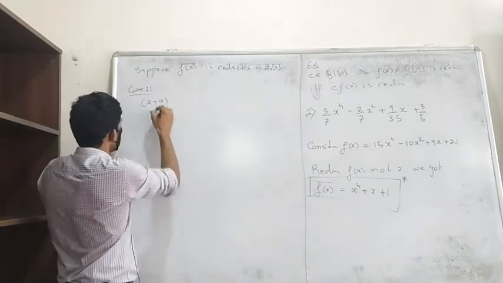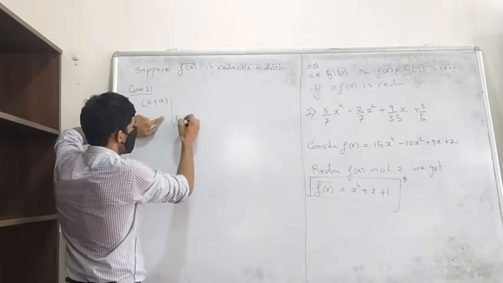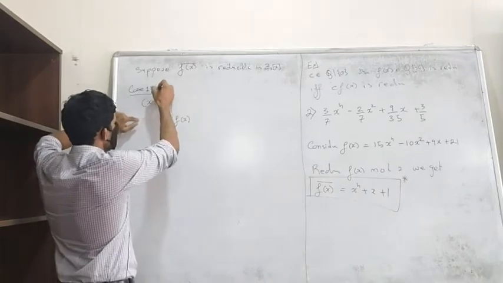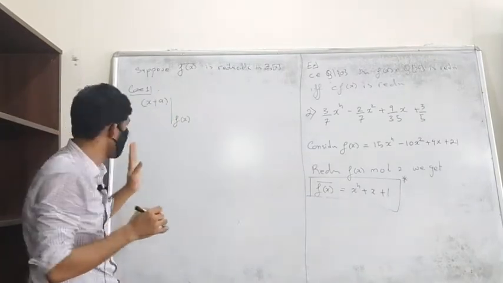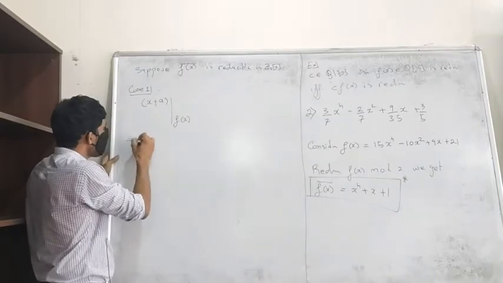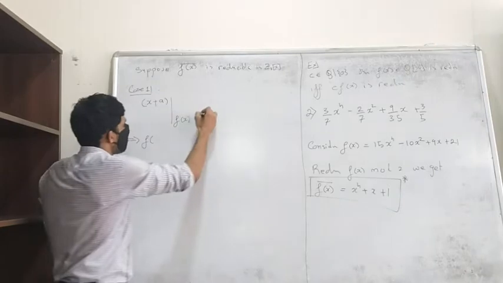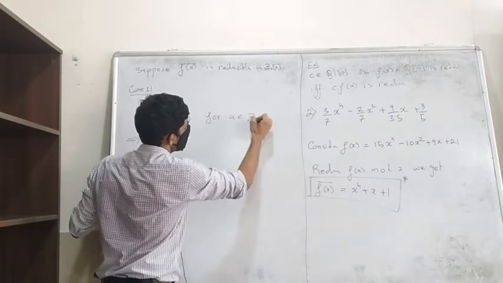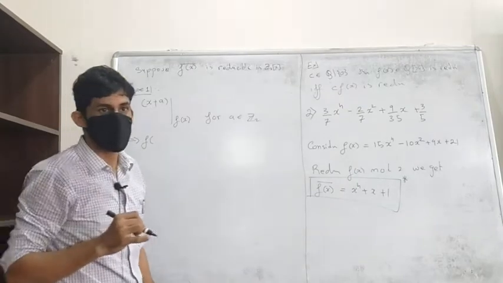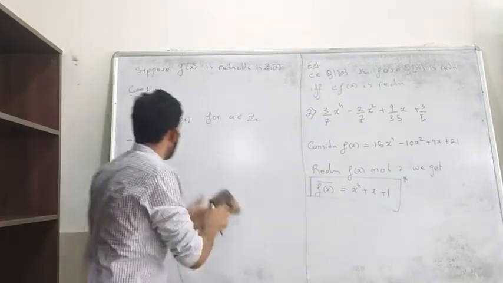Let's go with plus. Some x plus a divides f of x. This is the first case. That is, some x plus a divides f of x, which would then mean that f of minus a is 0, for a in Z2. Let me go a little slower.